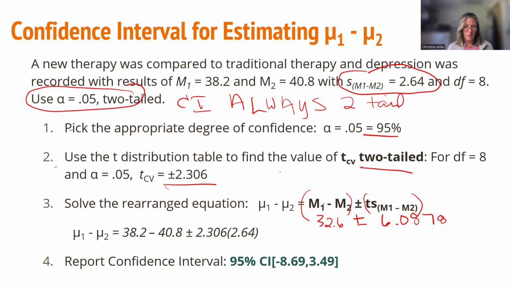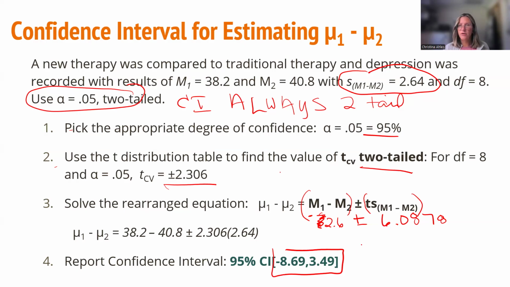Minus 40.8, yeah, negative 2.6. See there? We're going to scratch that out. So it's just negative 2.6. I don't know what I was thinking. So negative 2.6 minus 6.08 and plus 6.08. So here is what we get, our confidence interval. Negative 8.69 is the lower boundary, and 3.49 is the upper boundary.